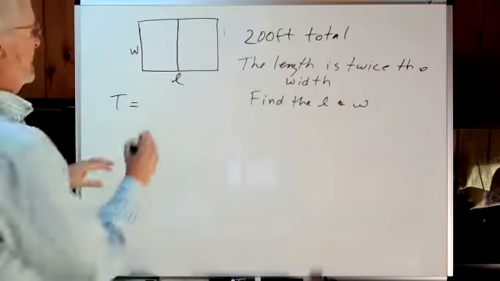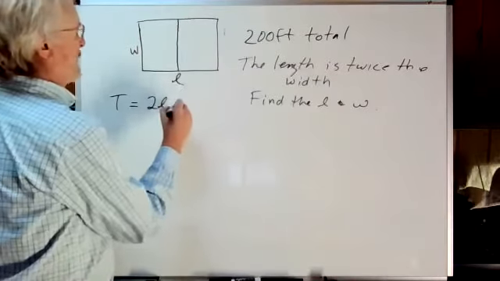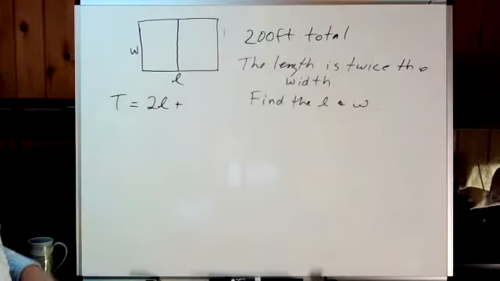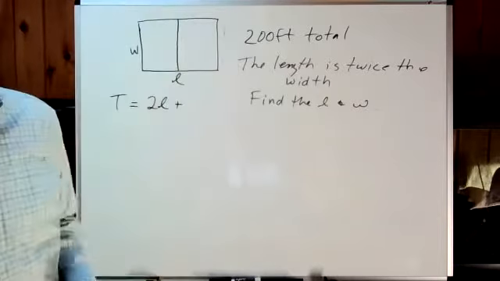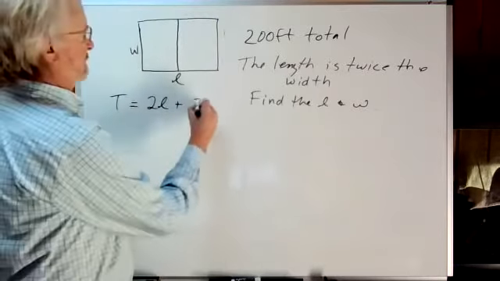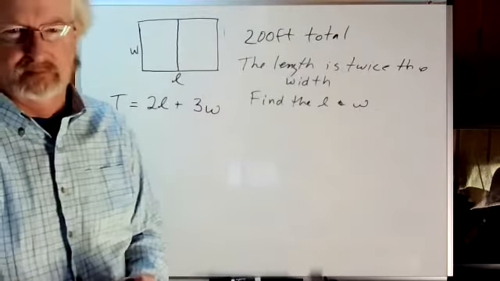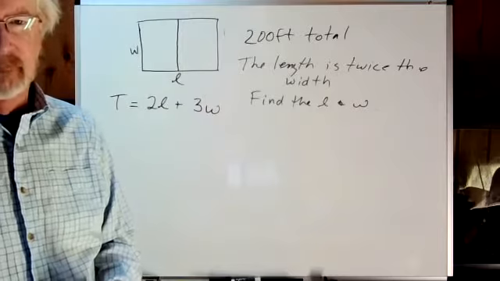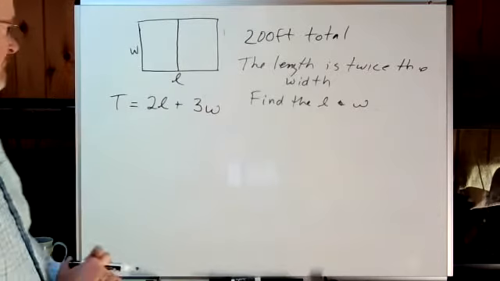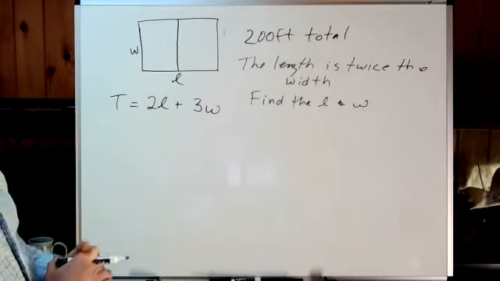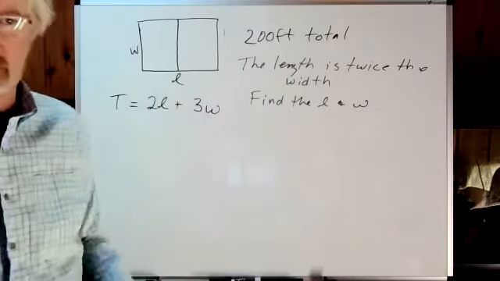All right, I have two lengths. But how many widths? 1, 2, 3. So you kind of have to build your own formula for this one. I'm making it up here. So there's 2 lengths and 3 widths.